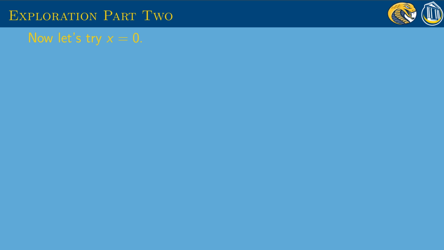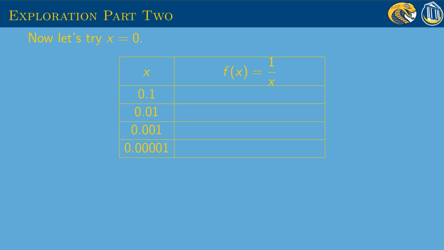On the other hand, let's look at what happens when we get closer and closer and closer to x equals 0. Well, if we plug in 0.1, that's going to be 1 over 0.1. That's just 10. 1 over 0.01, that's 100.